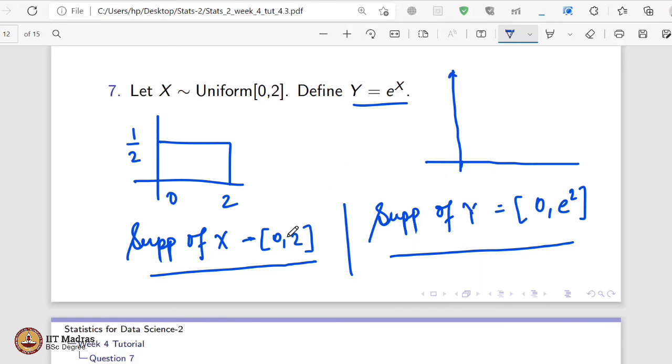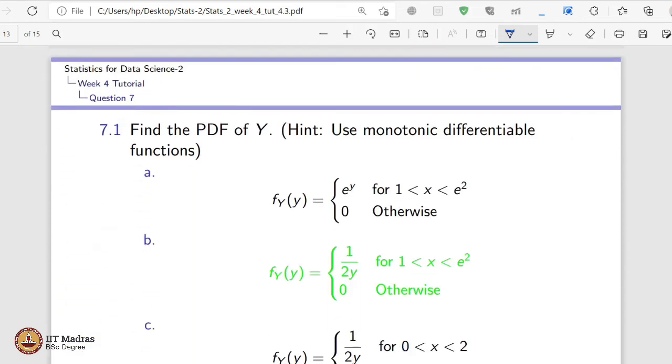If we put the value, e to the power 0 is 1, and at 2 it is e square. So we can see this is totally monotonic between 0 to 2, that is the support of x. So we can use our formula, because this is differentiable at all points, and this is monotonically increasing, so we can use our basic formula that generally we use.